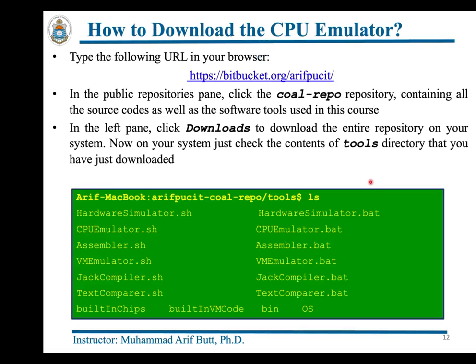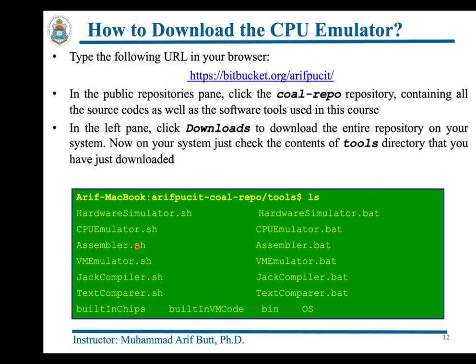I'm sure that the CPU emulator has already been downloaded on your system, and this was done probably in the second lecture of this course when you downloaded the tools subdirectory from the course Bitbucket account. If you have not done so, please do that now.